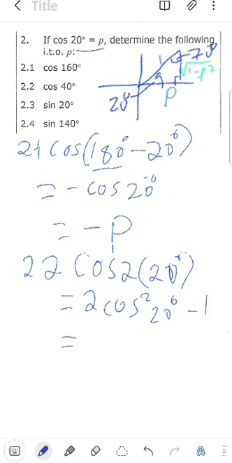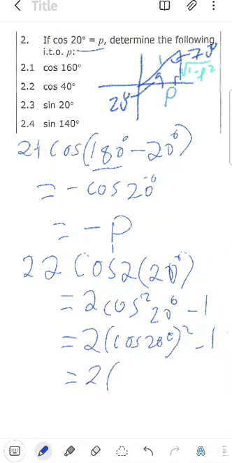So we're going to have 2, now because we have cos squared here, let's write it as cos 20 degrees all squared minus 1. So 2 into, now what is cos 20 is p, squared minus 1. So now the answer will be 2p squared minus 1.